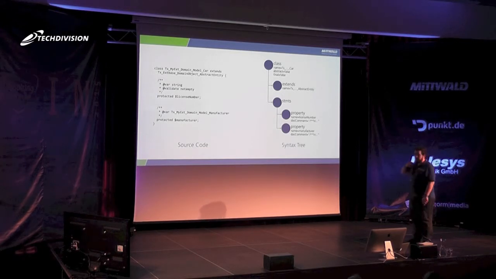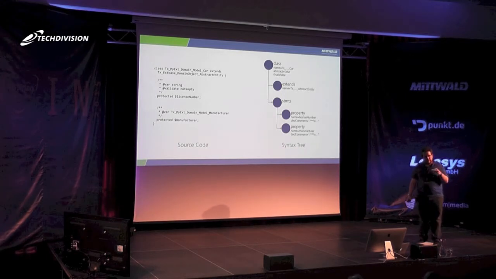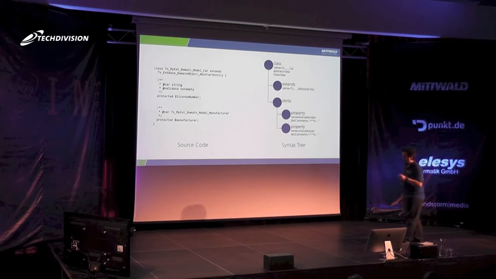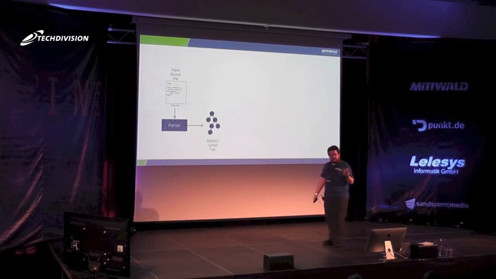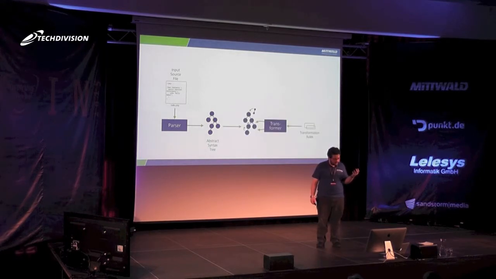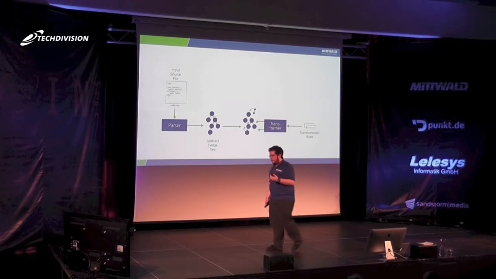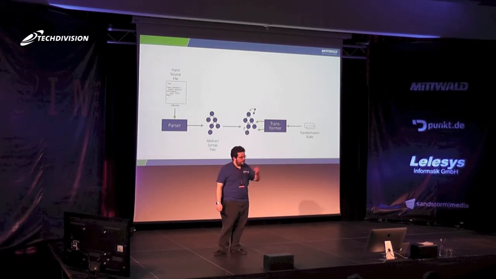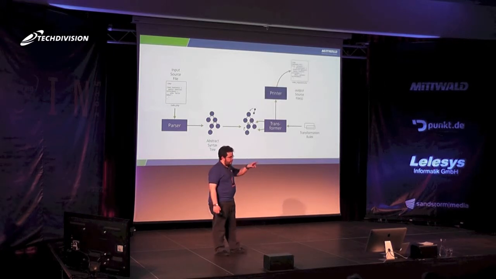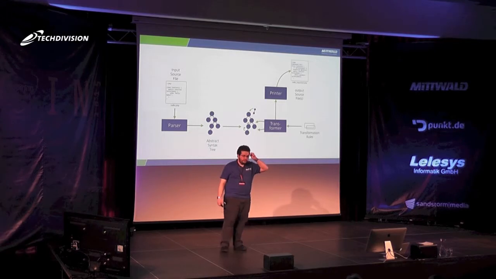But the good thing is that this PHP parser library gives you a data structure that you can manipulate inside code. So we can take the syntax tree, apply transformation rules on this data structure, and then reprint the modified syntax tree back into source code.